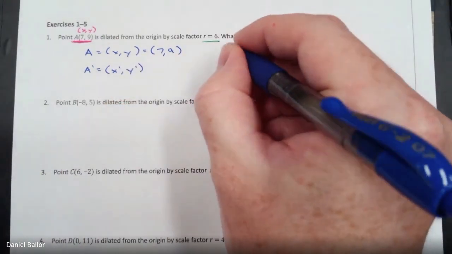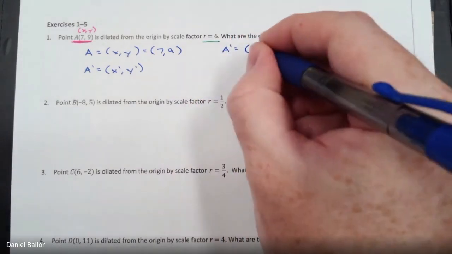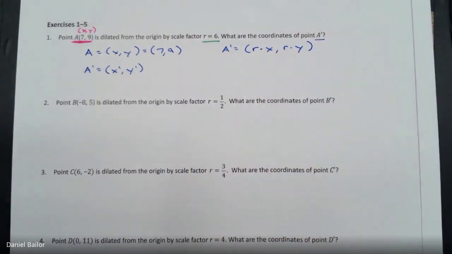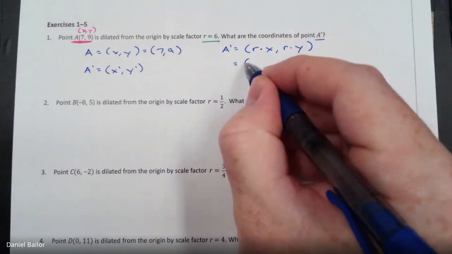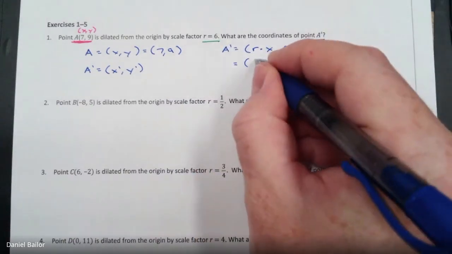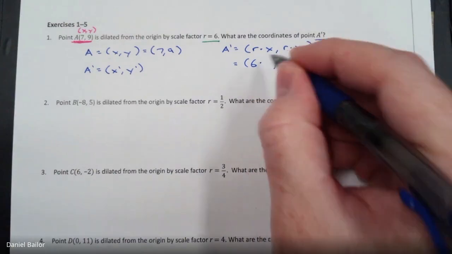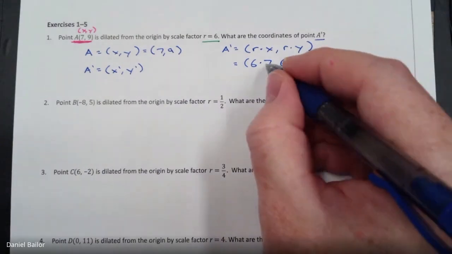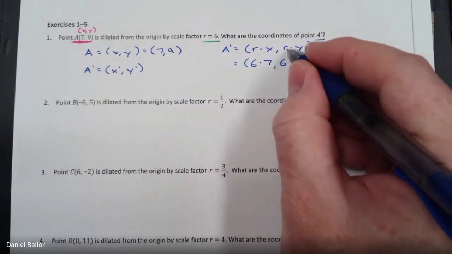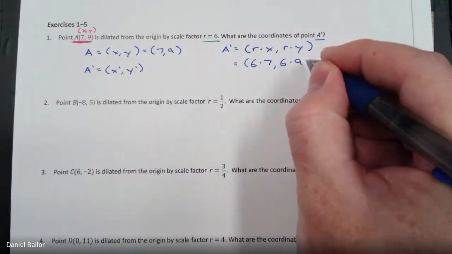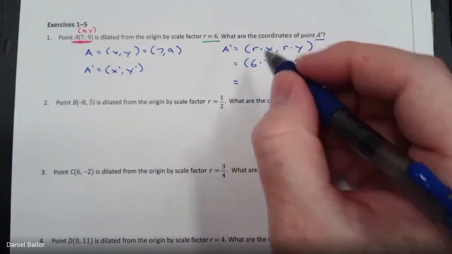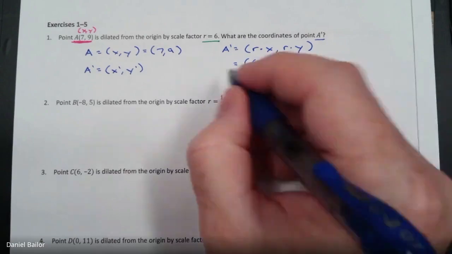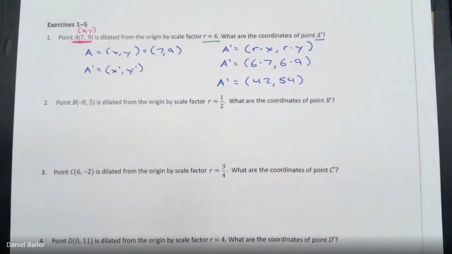So A prime equals R times X, comma, R times Y. R, they told us, is 6. The X of the original A is 7, and the Y is 9. So 6 times 7 is 42. 6 times 9 is 54. So that is A prime. And that is how you do it.